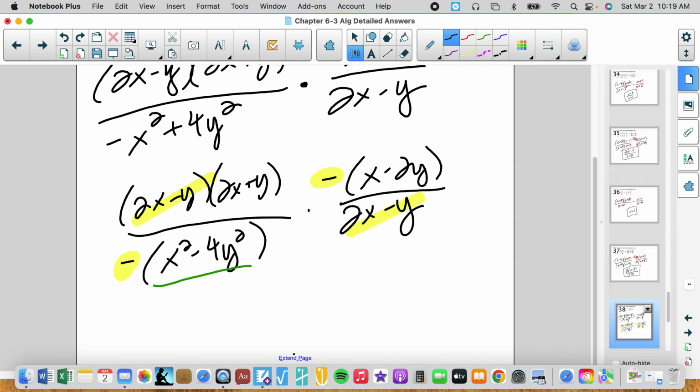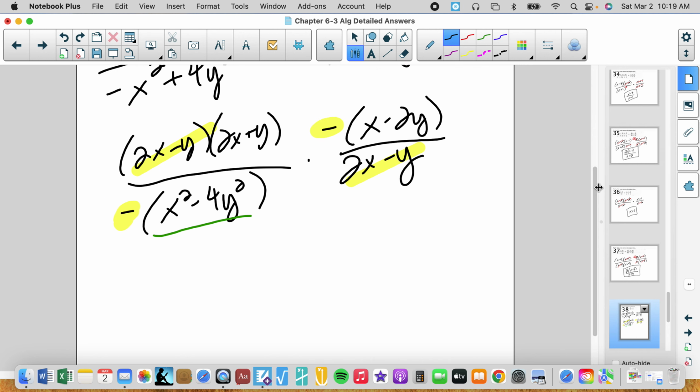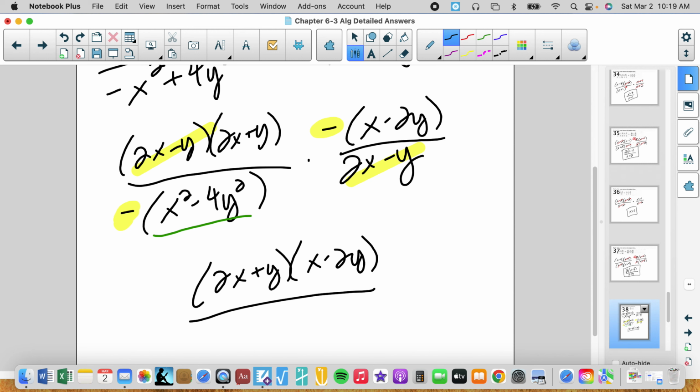So we made a little bit less stuff to write. 2x plus y times x minus 2y over, and this is going to be the difference of squares, x minus 2y, x plus 2y, conjugates. All right, these canceled, that canceled, that canceled. Let me write that in red so students know.